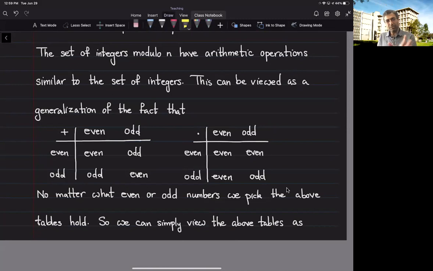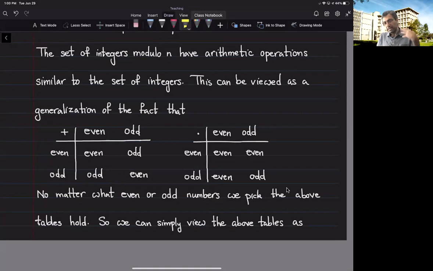And the key point here is that I can treat the whole set of even numbers as a single element and the whole set of odd numbers as a single element, and define these operations plus and dot. I can say E plus E is E, E plus O is O, O plus E is O, and O plus O is E. I'm just taking the initial of odd and even.